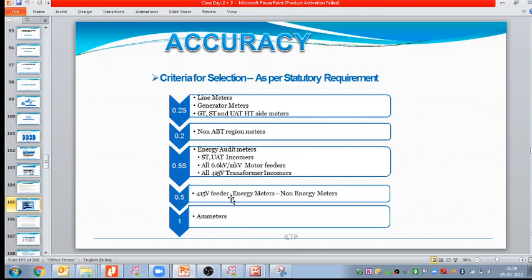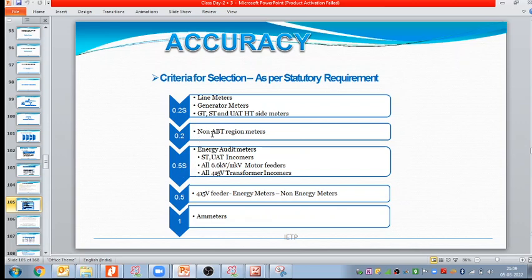Even though this is LT, if we are going for energy metering, 0.5 we can use. For the energy audit meters like the station transformer, unit auxiliary transformer, incomers, 6.6 kV, 11 kV motor feeders, 415 transformer feeders, incomer feeder, even though this is LT, because we require higher accuracy, in that case 0.5 S accuracy class CT we can use.